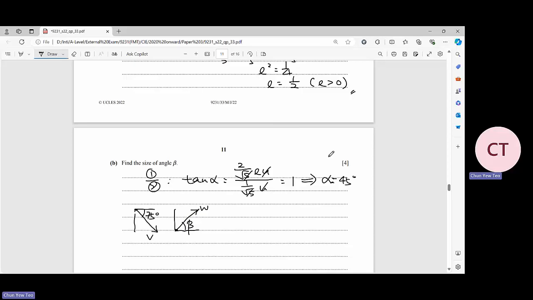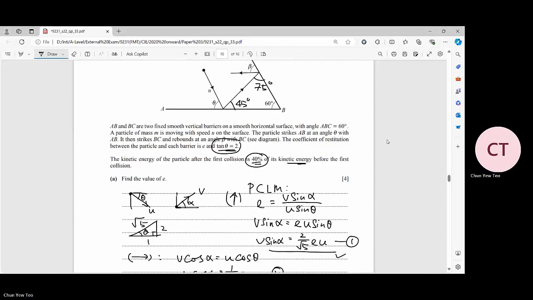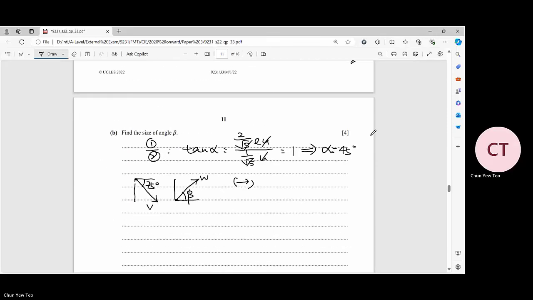Okay, so what we can do now is, if you consider the horizontal, if you're going horizontal, that means the before and after is the same. That means V cos 75 is equal to W cos beta. So we just write down W cos beta is equal to V cos 75.